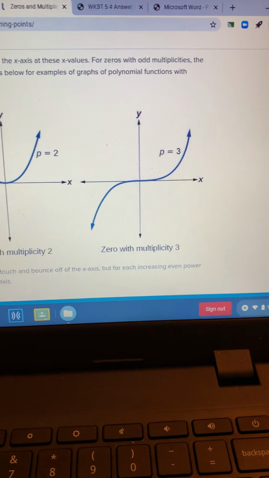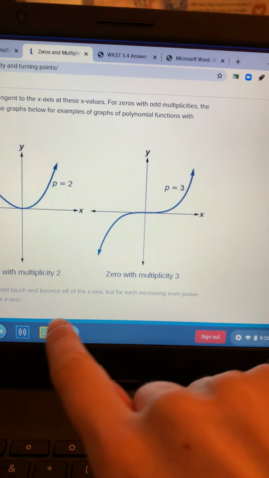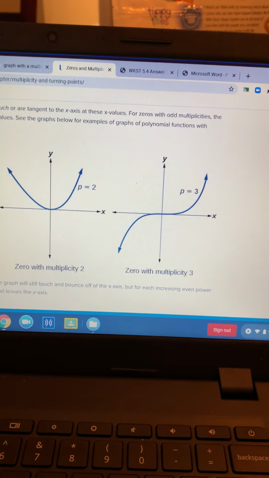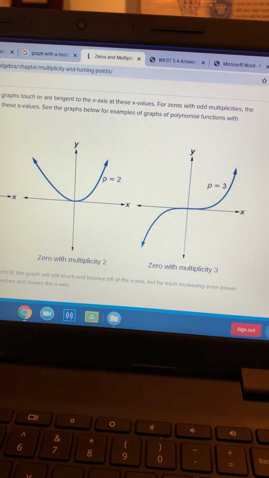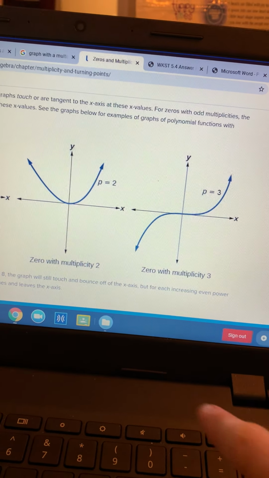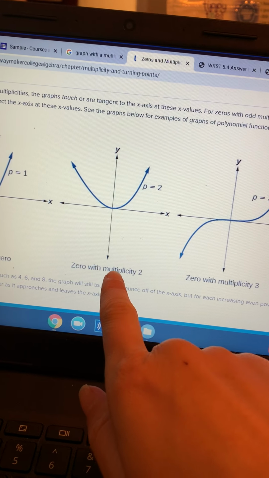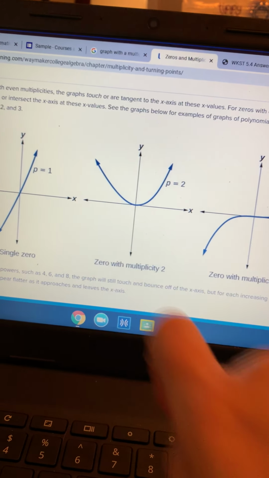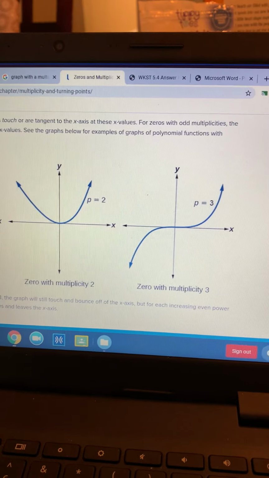And then a multiplicity of 3 is going to have that cubic-like look, where we are going to curve up. Now, remember, end behavior comes along with this. If I have a degree of 3, that 0 is showing 3 times, think about the end behavior. That's an odd degree, so we're going to have that opposite end behavior. Whereas if I have a multiplicity of 2 and it's even, we can see the end behavior is the same there.